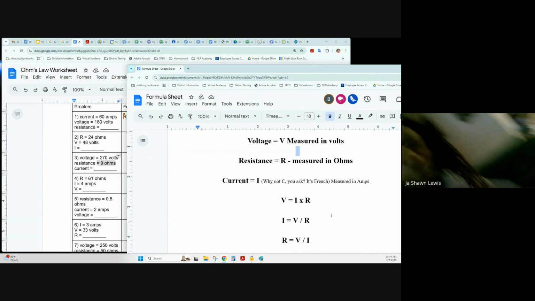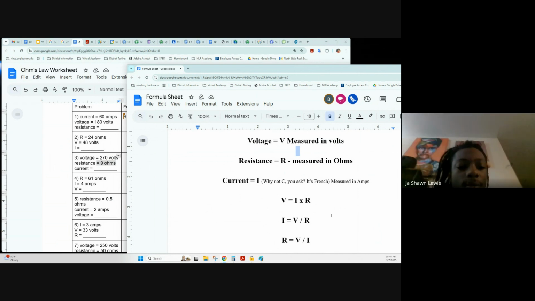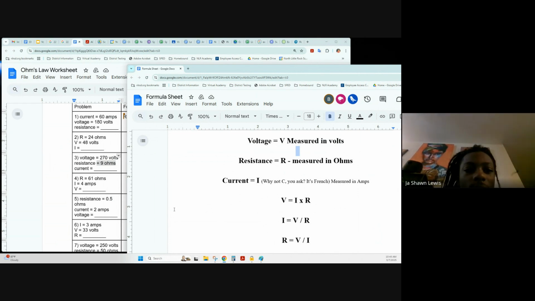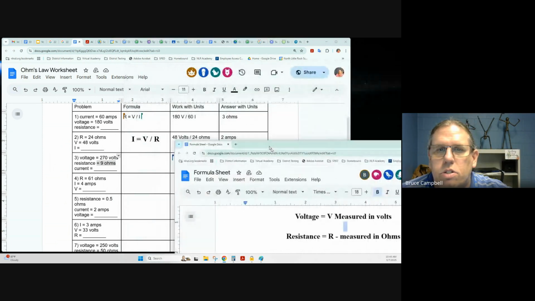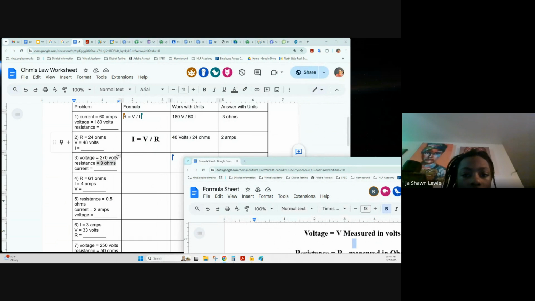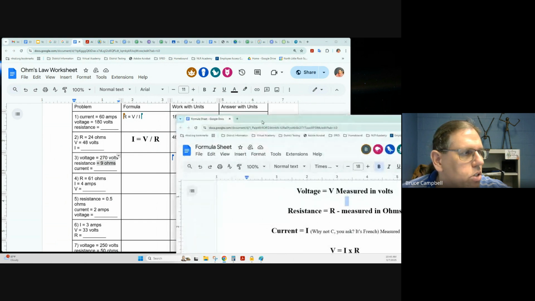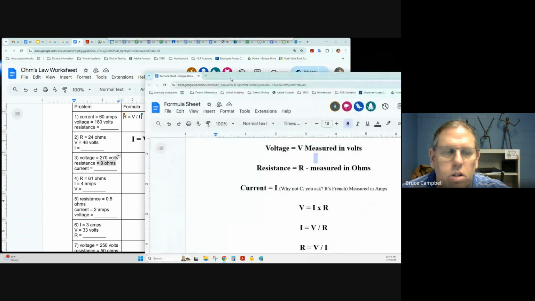Okay, so let's take a look at problem number 3. They give us voltage. They give us resistance. They want us to find current. So they give us voltage and resistance, right?